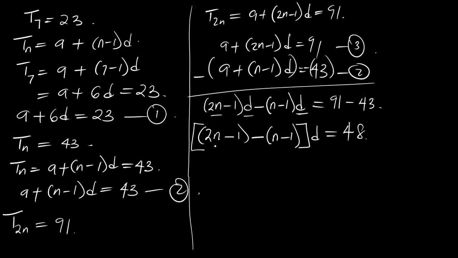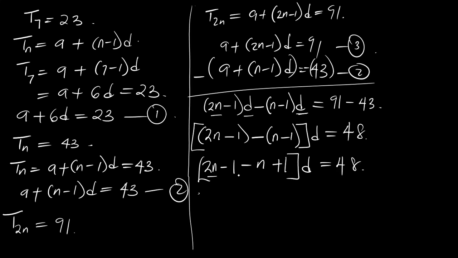Now what we're going to do next is open up these brackets. So you have 2n minus 1. Now minus times plus n will give you minus n. Minus times minus 1 will give you plus 1. All multiplied by D equal to 48.